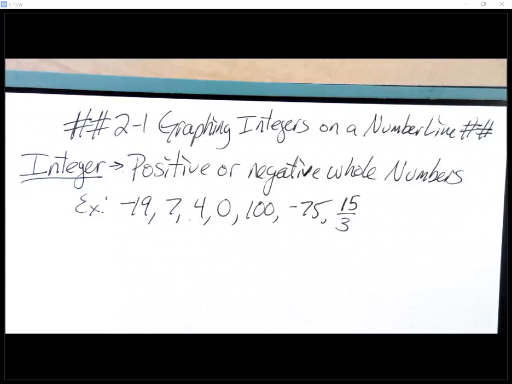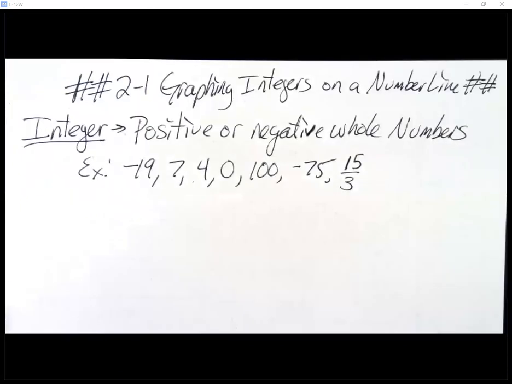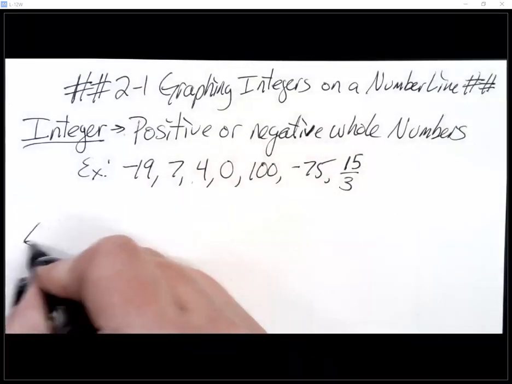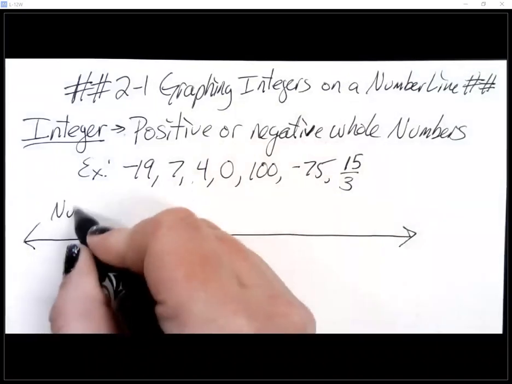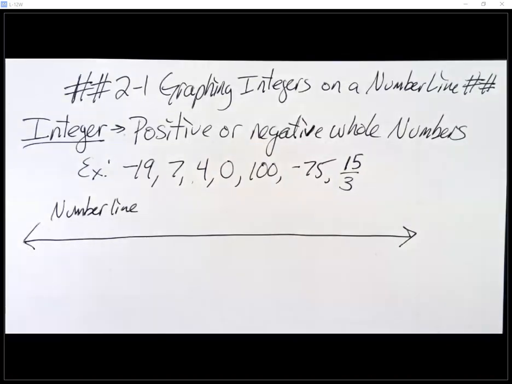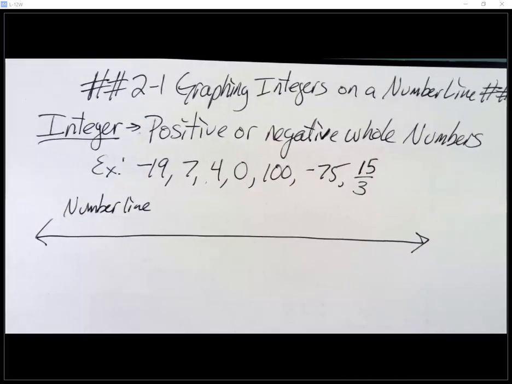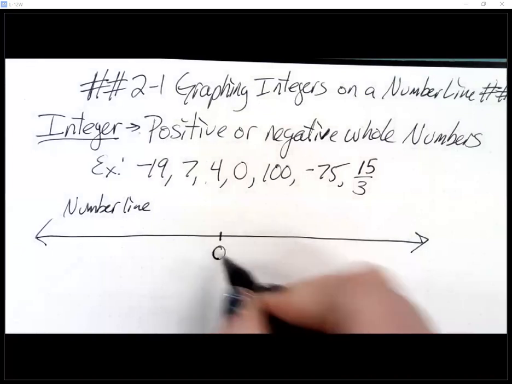Okay. So let's talk about the number line now that we have talked about integers. I'm sure we're all familiar with the number line. It goes up forever in both directions. So usually somewhere around the middle, we pick that to be 0, sort of our center point.